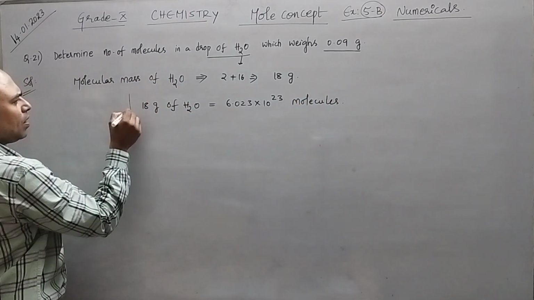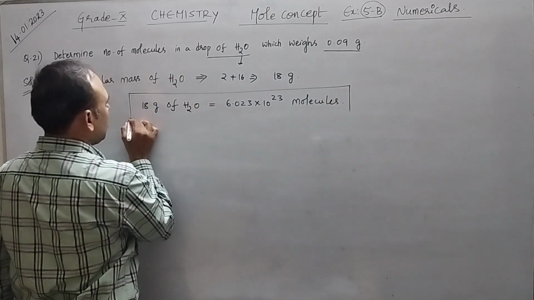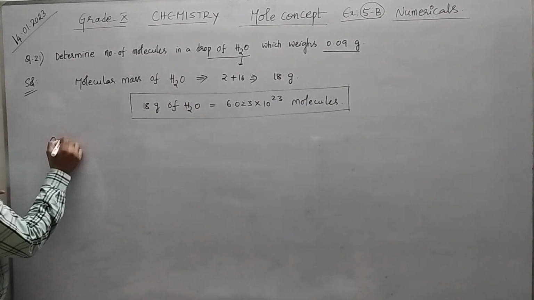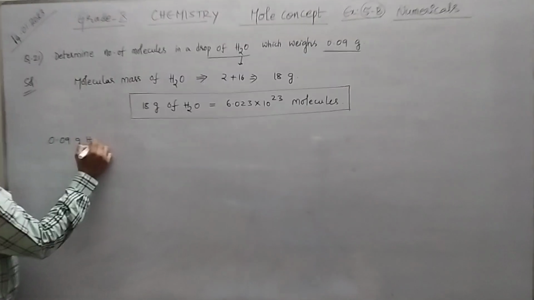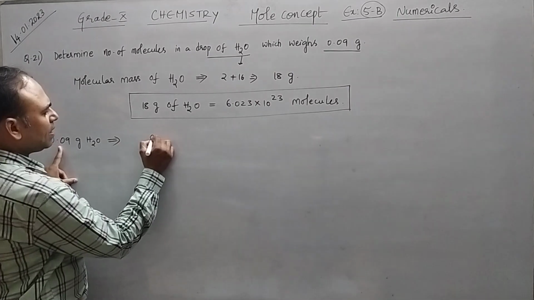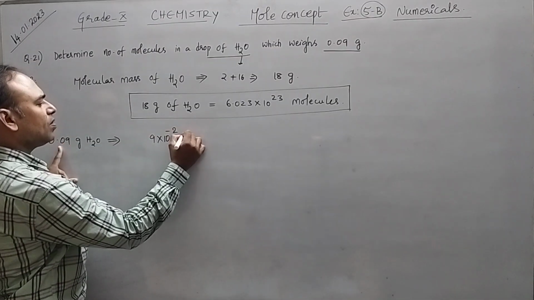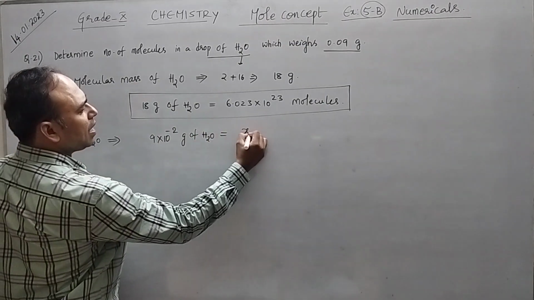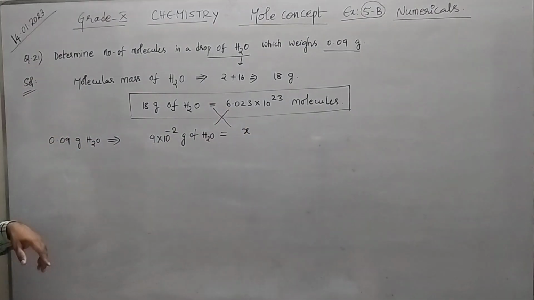So this we know. Now, what is given? They have asked here 0.09 grams water. Now let us convert it into this. 0.09 can also be written as 9 into 10 to the power of minus 2 grams. So 9 into 10 to the power of minus 2 grams of water has how many molecules? So that is the question. Hope you have understood this.